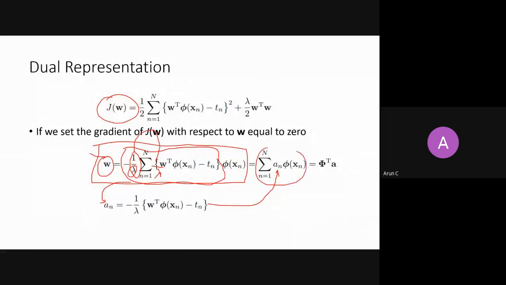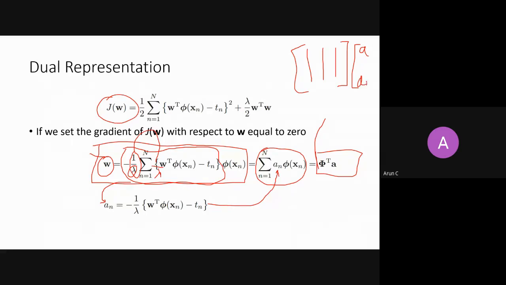Then, as I discussed yesterday, you can write it in this form where this is your design matrix, and each column is your sample, because it's the design matrix transpose. You have one vector A, which is A1, A2, AN.